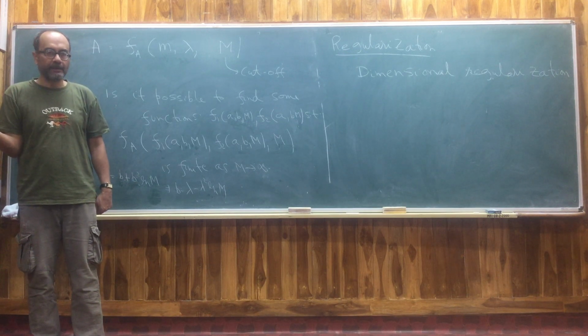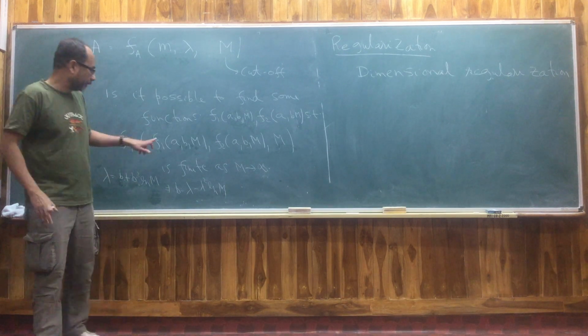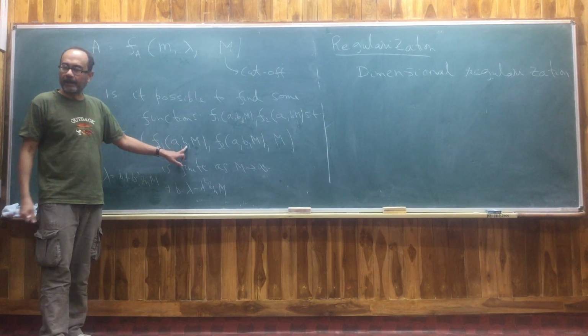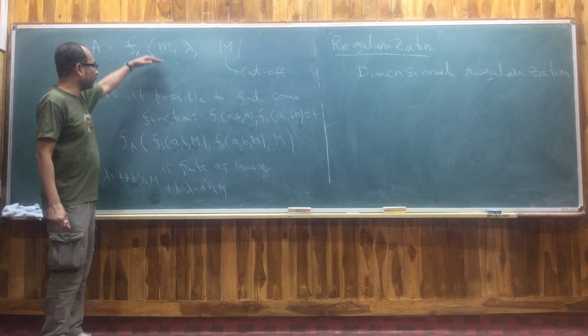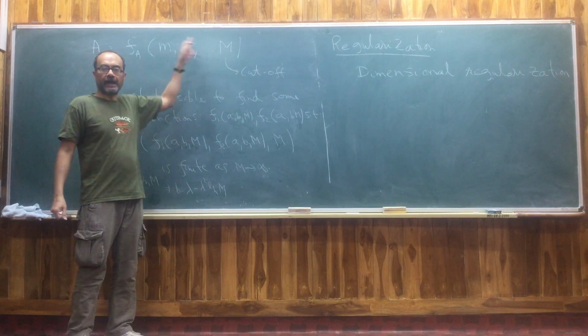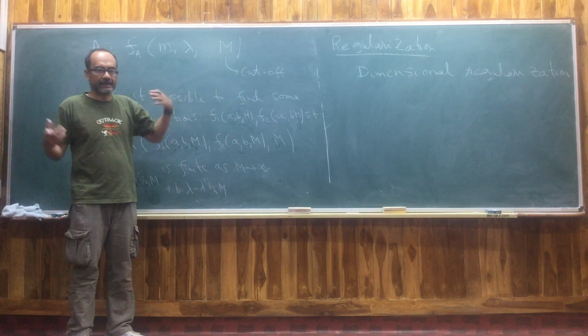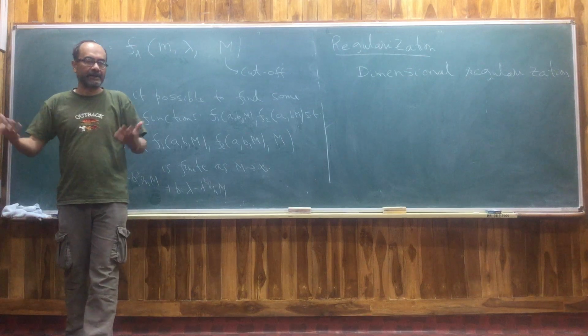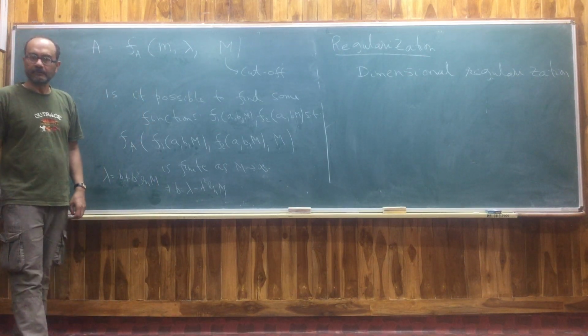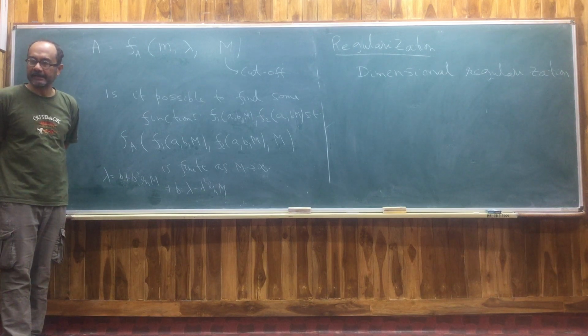But the d goes to 4 limit will be taken at the end of the calculation, after you have eliminated the original parameters m and lambda in terms of these new parameters. If we express in terms of the original parameters and take d goes to 4, these results will be divergent, which is expected because the original results were ultraviolet divergent. Is this clear?